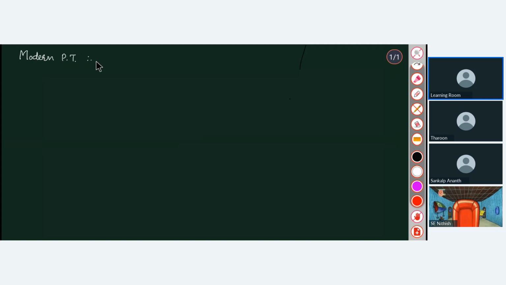So can you tell me that in this modern periodic table there was a very important law given by Henry Moseley, that is the modern periodic law. Okay, so can you tell me in which year Henry Moseley gave this periodic table? 1913, sir.